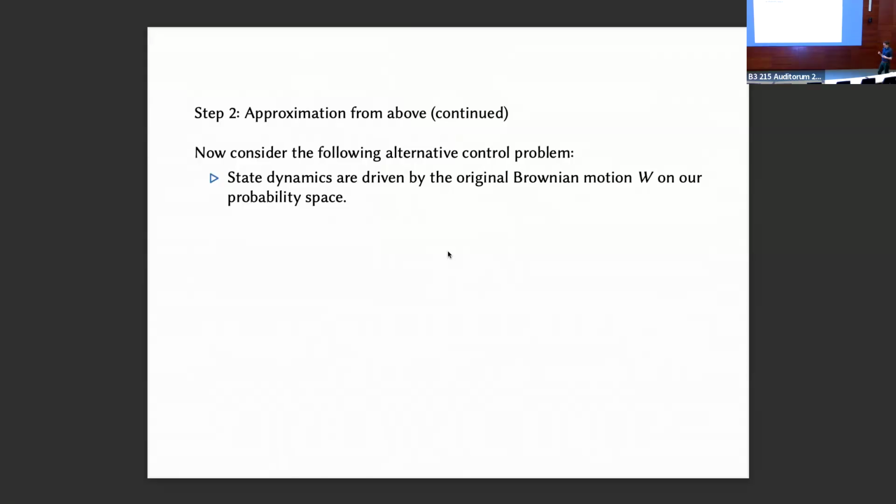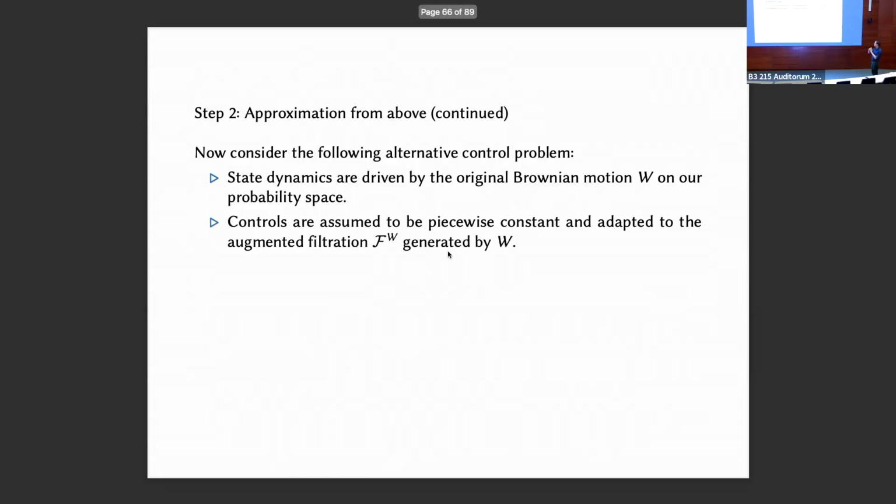Now we introduce a new alternative stochastic control problem, where we're looking at piecewise constant controls, and we just go ahead and fix the original Brownian motion. So we're not allowing it to switch now with the control. We fix the filtration as being the augmented filtration generated by that one fixed Brownian motion, and try to solve that problem.